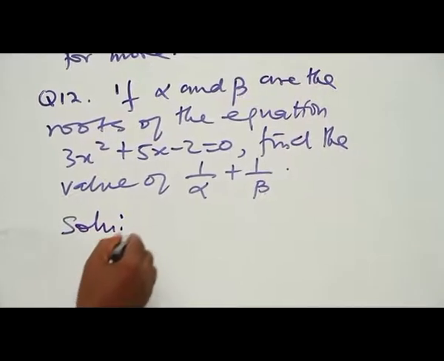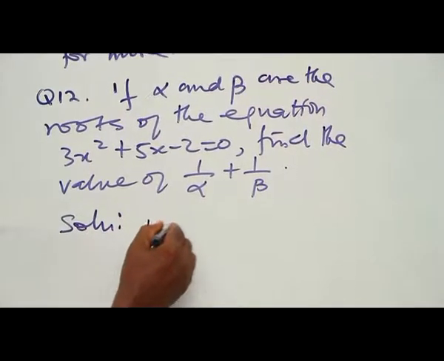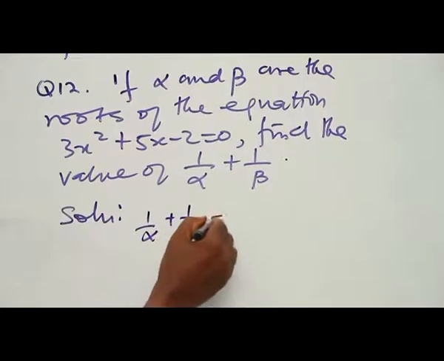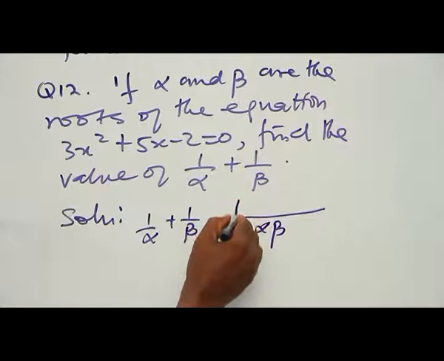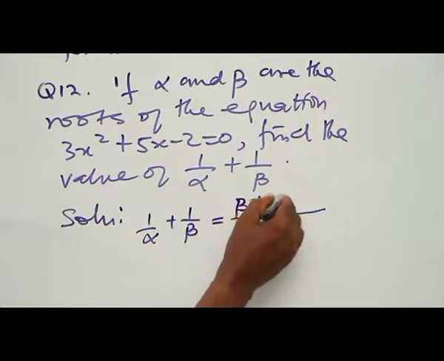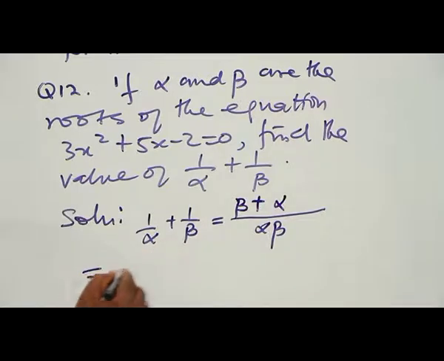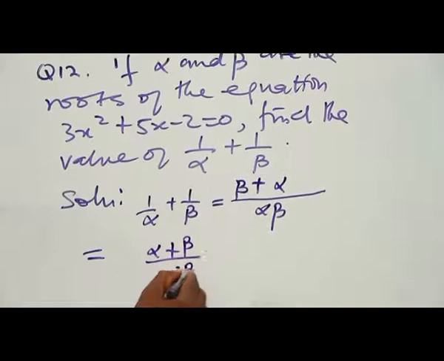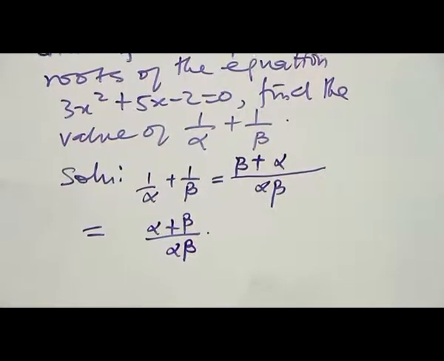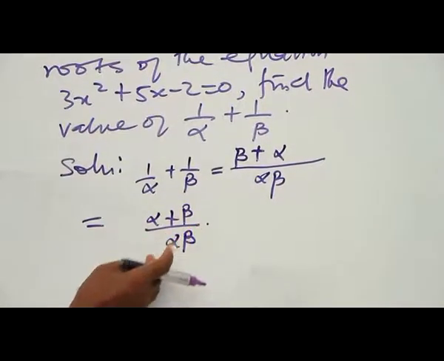Our solution. First and foremost, 1 over alpha plus 1 over beta is simplified as beta plus alpha over alpha beta. The result of this is alpha plus beta all over alpha beta. So how do we get alpha plus beta and alpha beta?